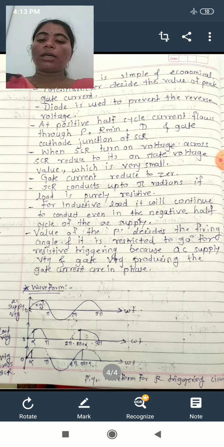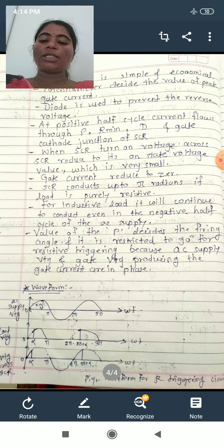This alpha is denoted in the figure below, that is the waveforms. See the waveforms also. First waveform is the AC supply voltage, which is the supply given to the circuit. Next is load voltage. Voltage across the SCR when it is in the off condition is from alpha to pi.